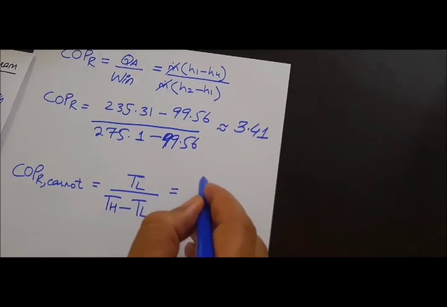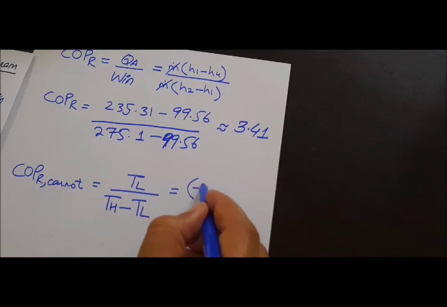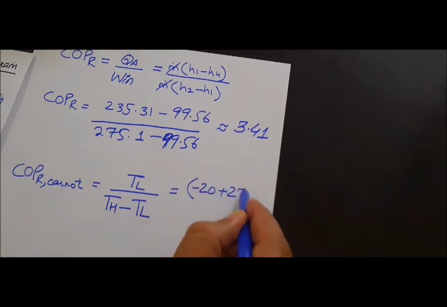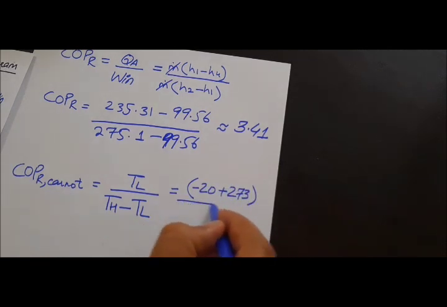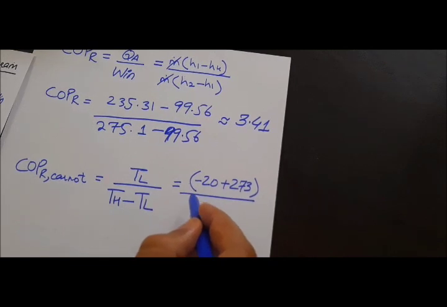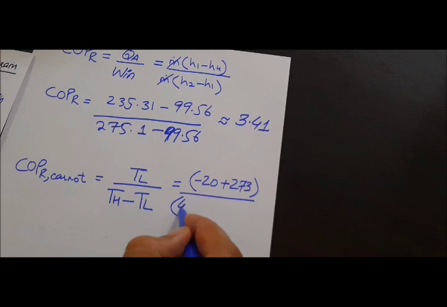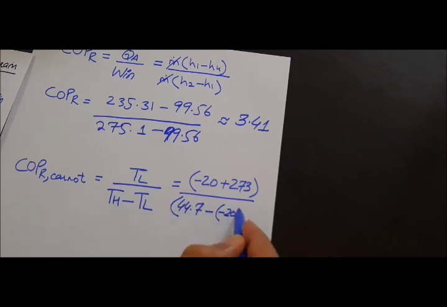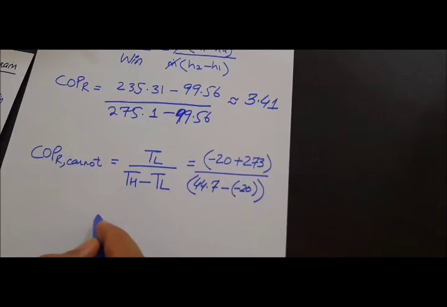TL is the lower temperature, which is minus 20 plus 273, because we have to convert it into Kelvin, divided by 44.7 minus 20, since the change remains the same. So it would come out to be approximately 3.91.